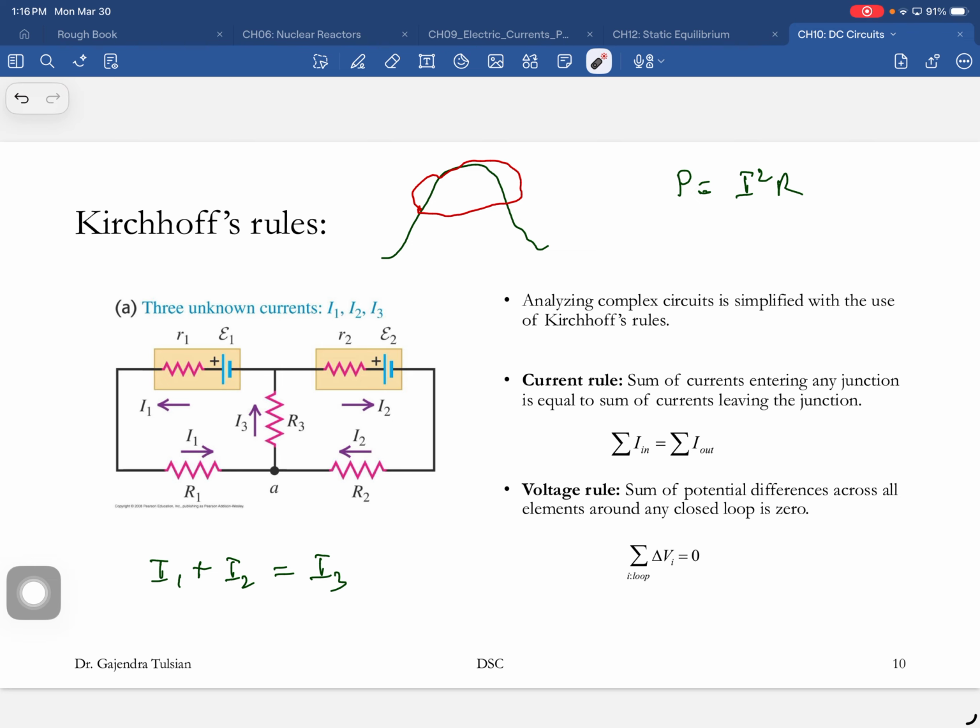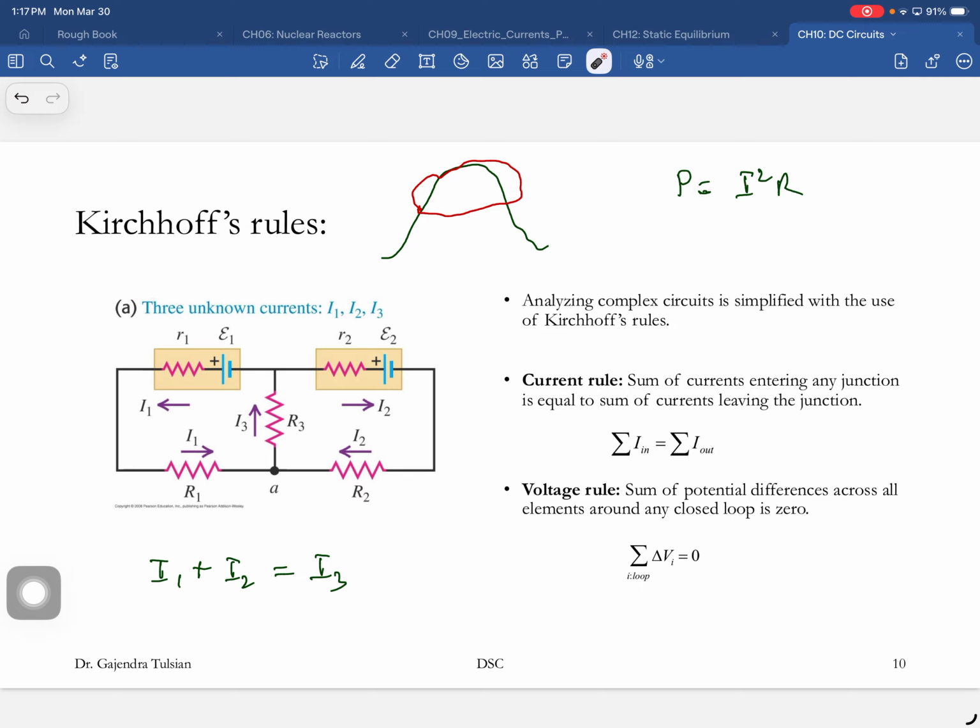That is I2 R2. The change in voltage across that element is minus I2 R2. And then again, you're going from a high voltage to a low voltage. And this is the EMF of the battery, and that tells you the voltage change when you go across the battery: minus E2.